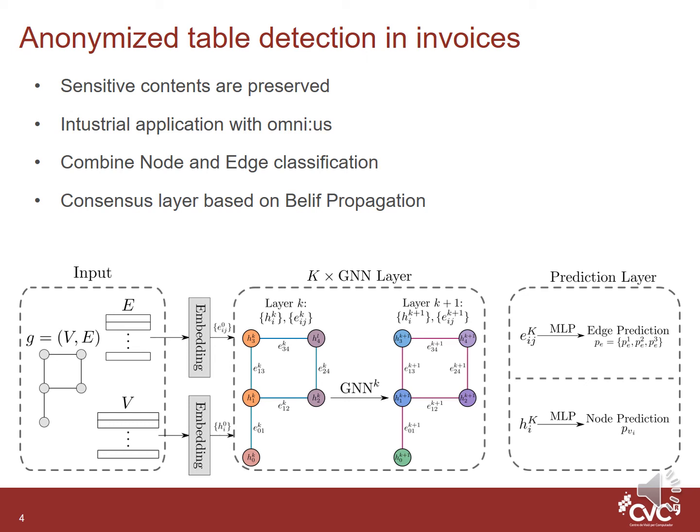So the big issue here is why we want this to be anonymized. It's because invoices contain a lot of sensitive content, and our industrial collaborator, in this case Omnius, had this concern and wanted to see if we can perform quite well without having these visual cues.